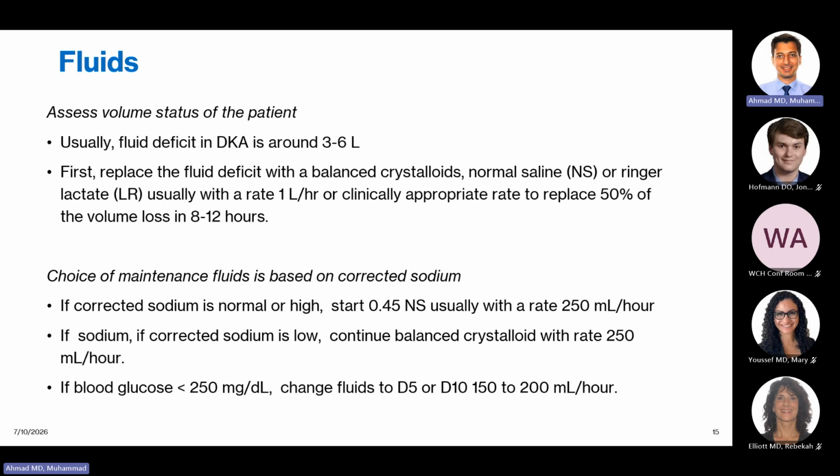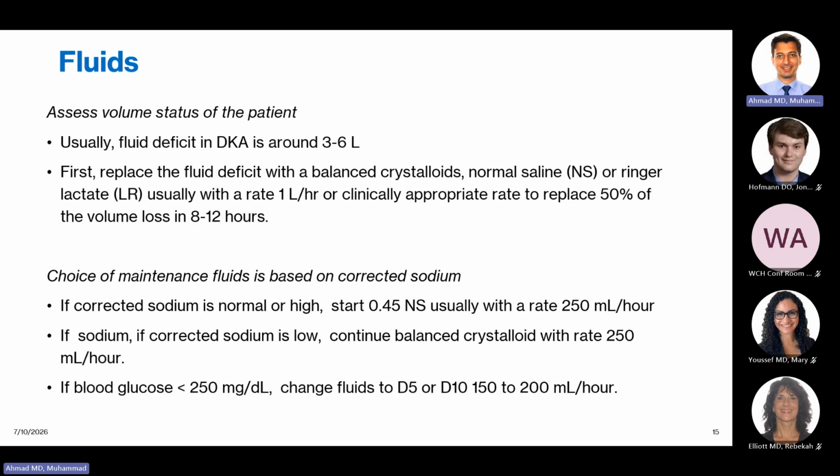Okay. So for fluids, as we discussed, in DKA there is severe dehydration because of the osmotic diuresis, and the body has a significant water deficit. So we have to correct the water deficit that was lost first. For that, isotonic fluids like balanced crystalloids are preferred.